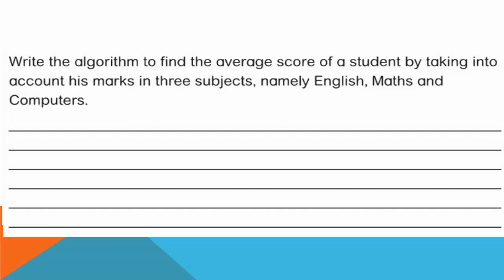So what I would like you to do is try to write your own algorithm. First of all, divide the lines that are given to write down the answer into 2 parts, like you have written the difference answers. You draw a line in the middle, vertical line in the middle.